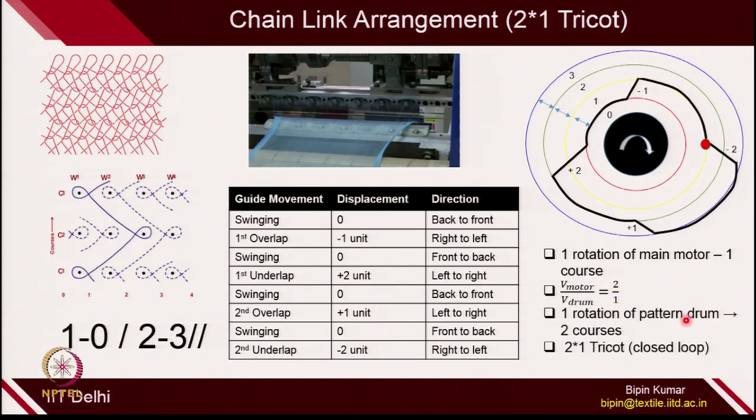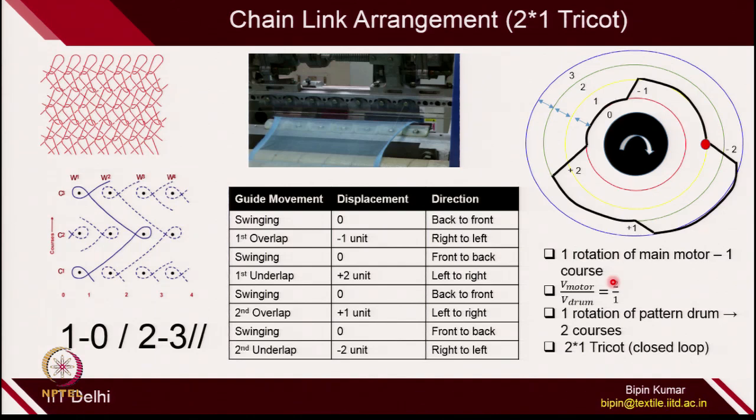So, one rotation of the pattern drum is creating 2 courses, and this particular fabric is 2x1 tricot with a closed loop construction, and the motor speed and drum speed is 2:1. So, this is the overall chain link arrangement for a simple type of fabric.